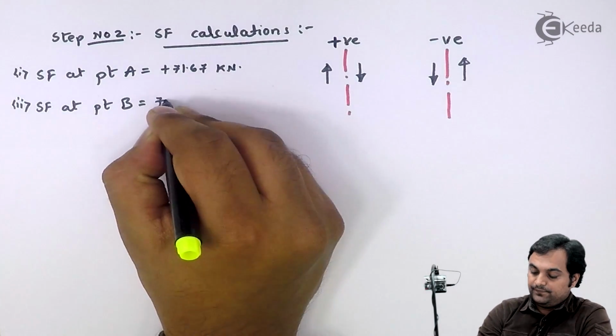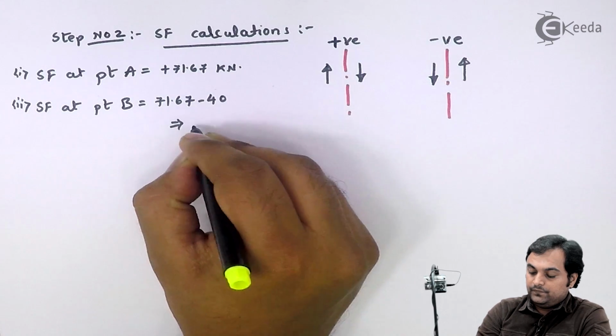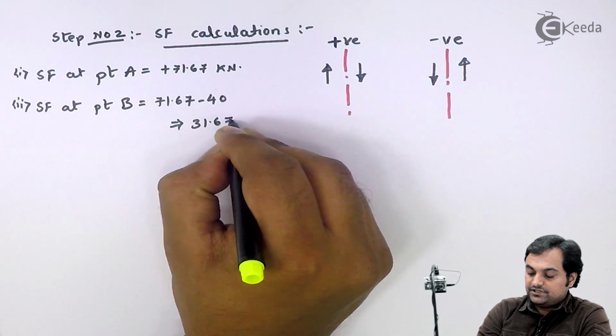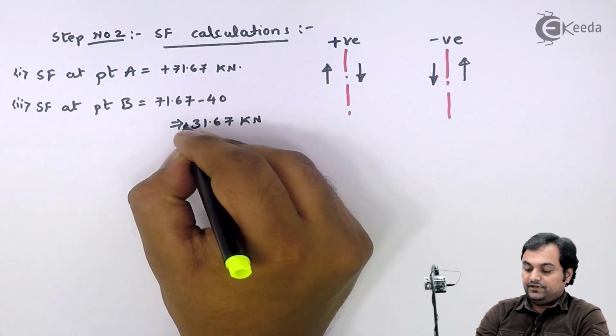So here I have 71.67 minus 40, that will give me 31.67 kilonewton, positive sign.